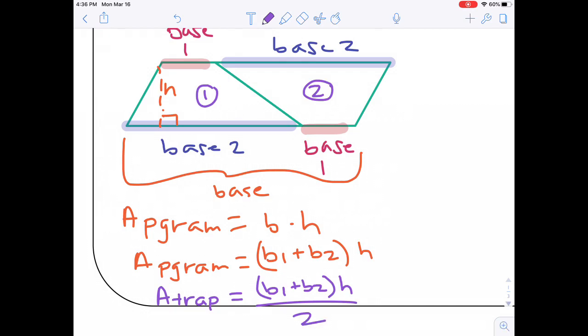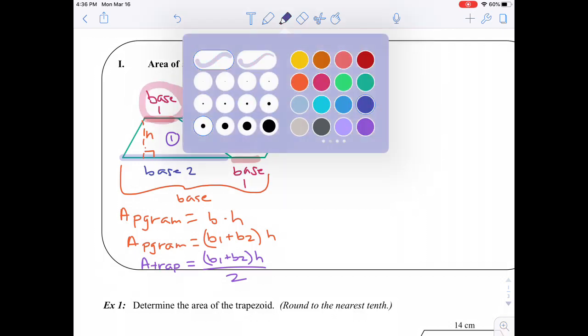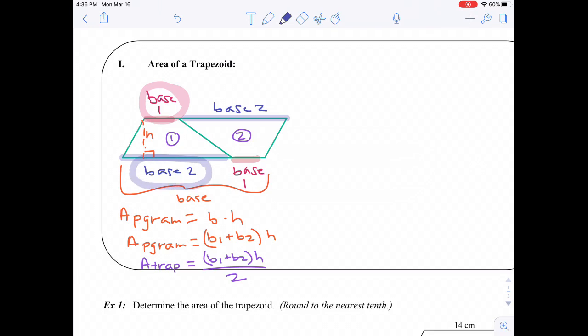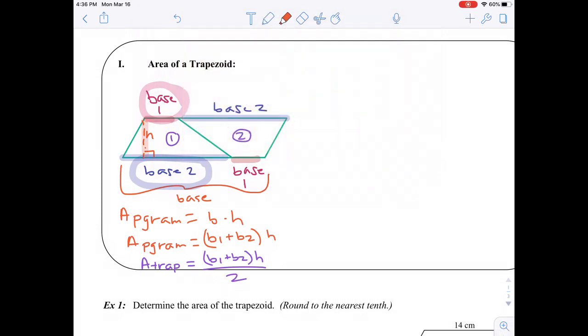So we're just going to divide it by 2. So our formula for the area of a trapezoid is going to be base 1, which notice is one of our two parallel sides, plus base 2, which is the other of our two parallel sides, times the height, which is right here, all divided by 2.